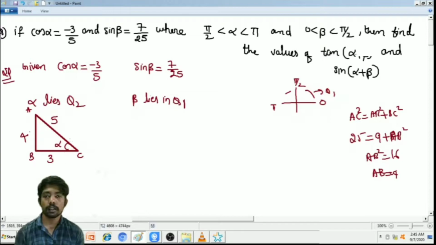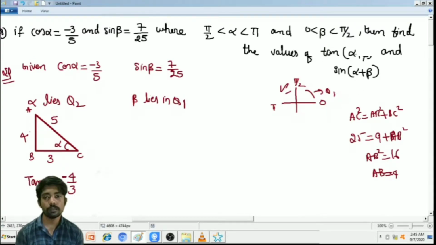Now we can write it here. First of all, tan of alpha plus beta, right? So tan alpha is equal to opposite by adjacent, but alpha lies in which quadrant? Alpha lies in the second quadrant. Tan is negative, hence tan value is minus 4 by 3.